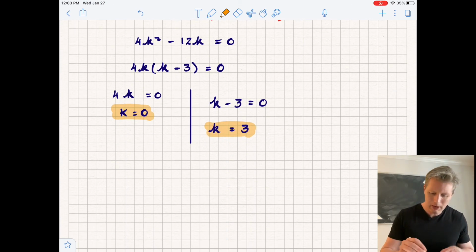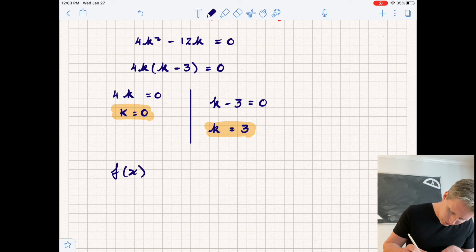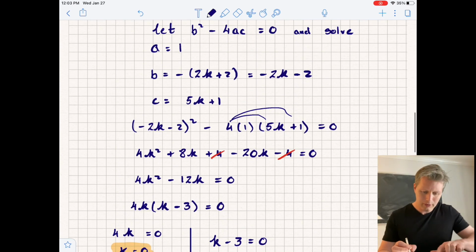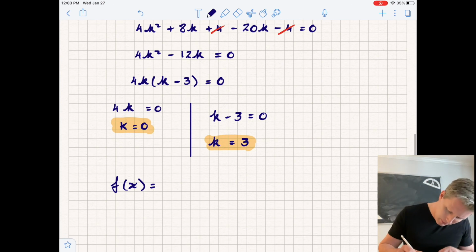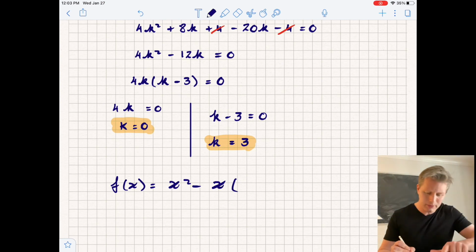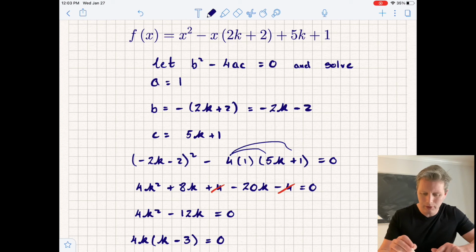I could just verify at least one of my results. I'll try k is equal to 0. So I know then that f of x, if k is equal to 0, will be x squared minus x times 2k plus 2. Well, k is 0, so that will be 2 times 0, which is 0, plus 2.